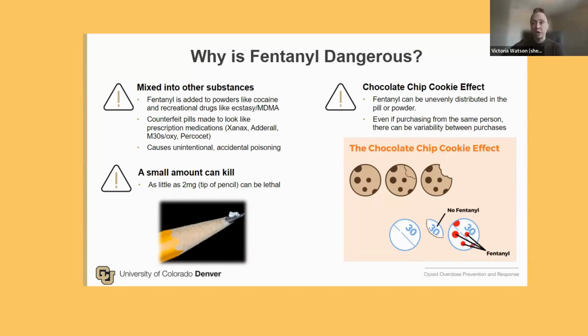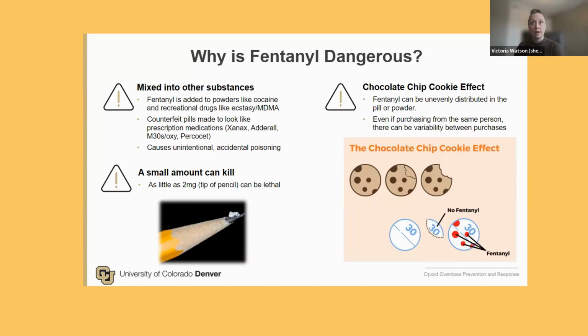So this is really important information, and it's important to note that this has become truly a poisoning and can be present in so many substances. For example, it could be in recreational party drugs like cocaine and ecstasy, but we could also see it laced in illicit prescription medications, counterfeit pills like Xanax, Adderall, or Percocet.